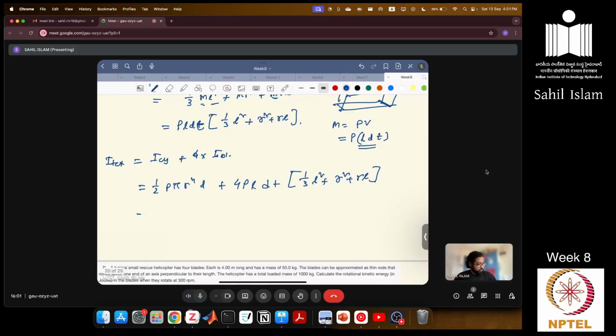What can I take common? So rho we can take common, d we can take common, so rho and d, so half pi r to the power 4 plus 4 L t times 1/3 (L square plus R square plus RL).